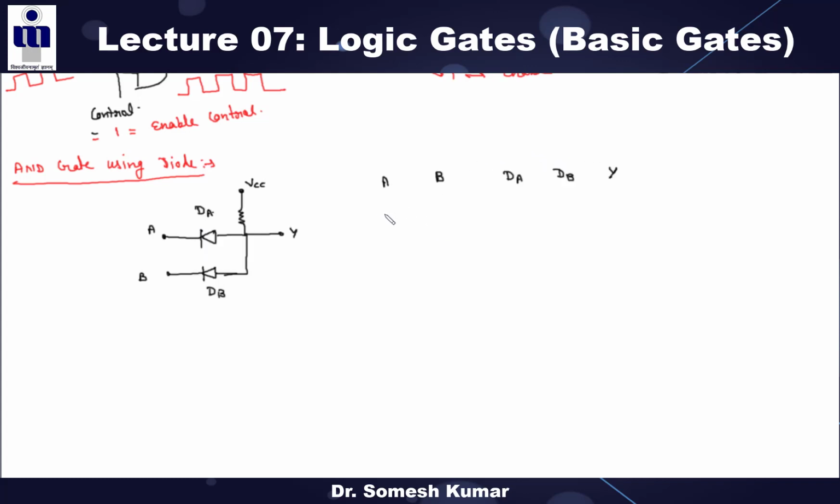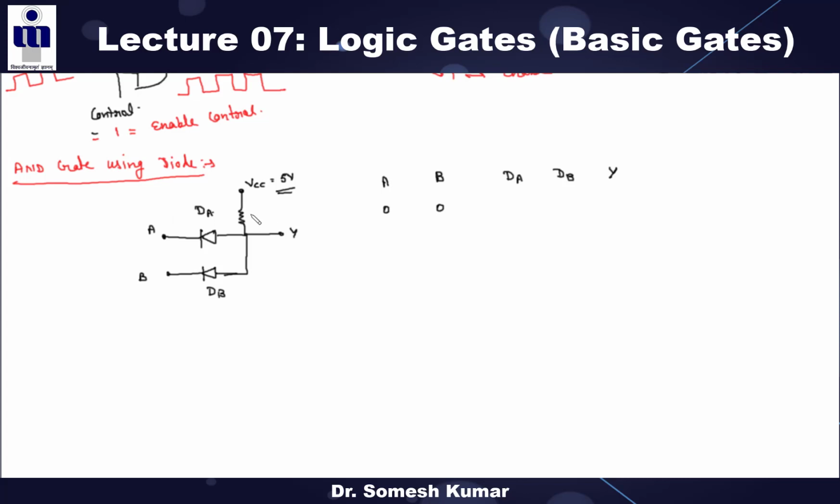Okay, now tell me, if both A and B are 0 0 and VCC is always 5 volt, right? So this is your supply voltage, which always remains 5 volt. Now tell me, if both these inputs A and B are 0 0, is this diode forward bias or reverse bias? Forward bias, exactly.